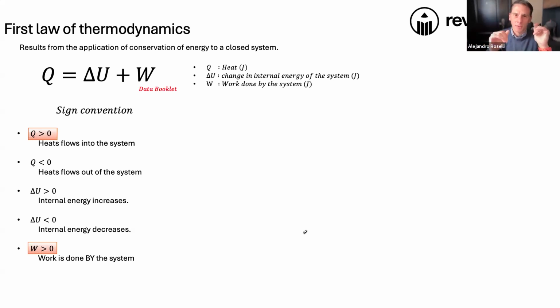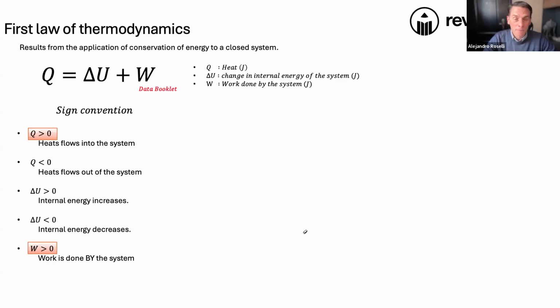And that situation is when both W and Q are positive. Heat going in, work being done by the system. It's easier for me to remember just those two, because my memory is not as good. Well, it was never good, and now it has gotten worse. But you do your best.